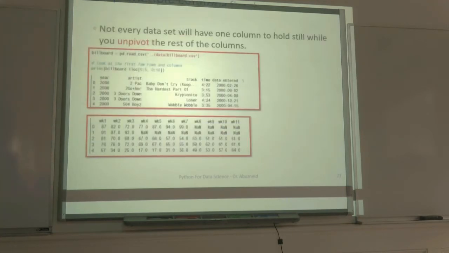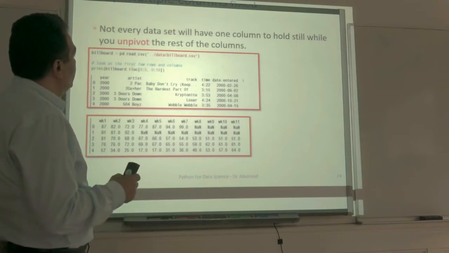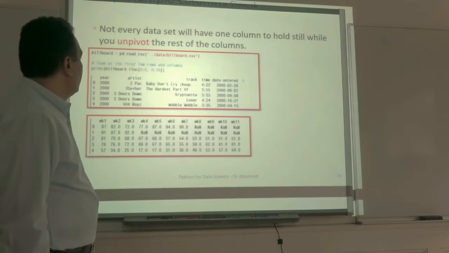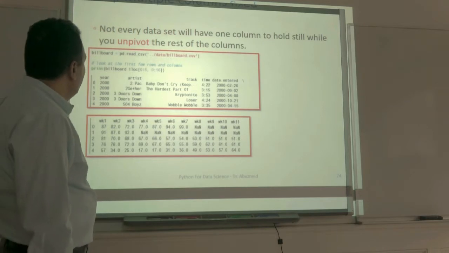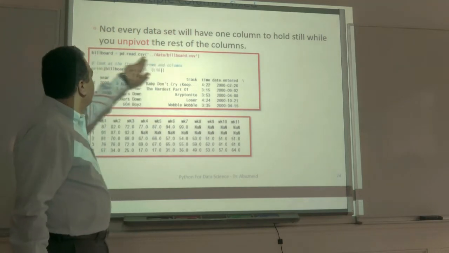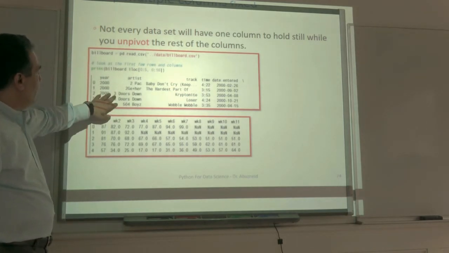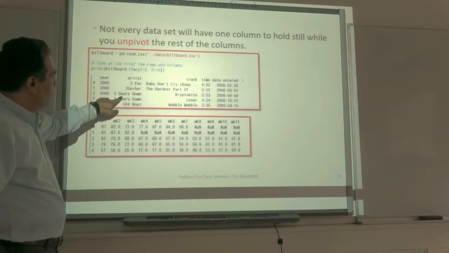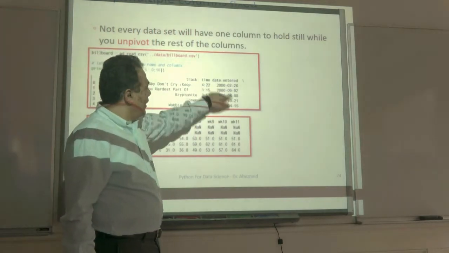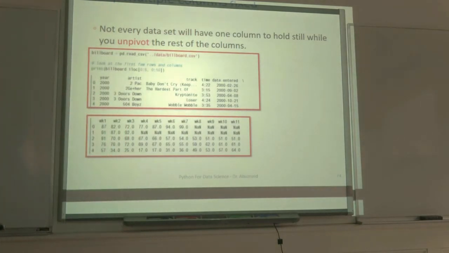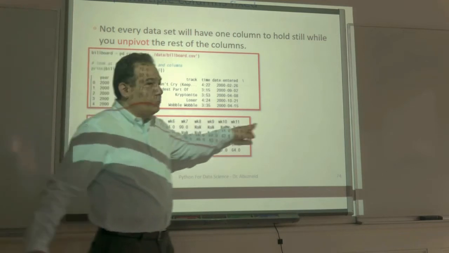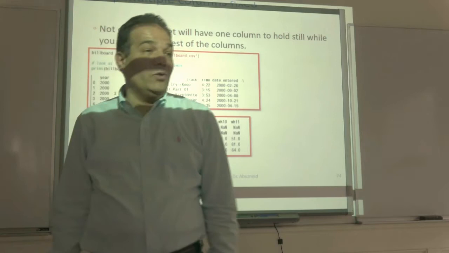All right. Keep multiple columns fixed. Not every data set will have one column to hold still while you unpivot the rest of the columns. So let's take an example in here. You loaded this data frame, and when you printed it, you have the year, the artist, the track, the time, the date entered, and then you have week 1, week 2, week 3, up to 31, however many weeks.